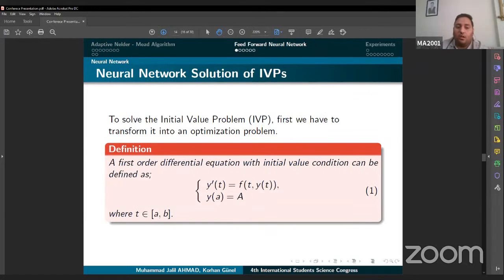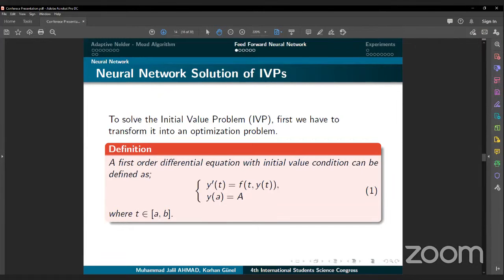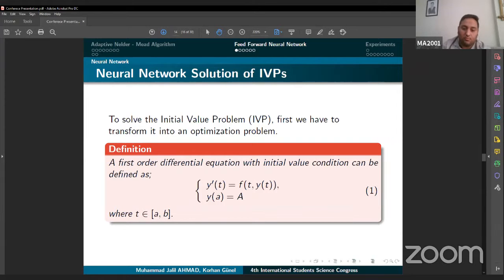In the beginning, I said we will solve an initial value problem in this study. So first of all, we have to convert a differential equation into an optimization problem.